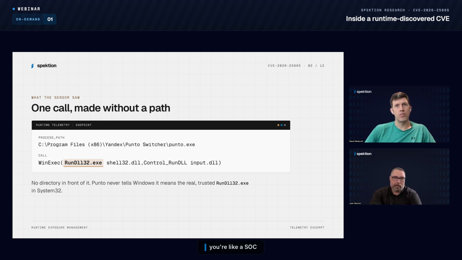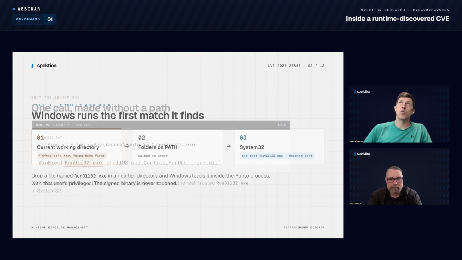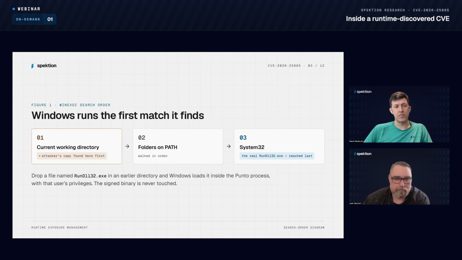So, lay this out for everyone who's watching. Say you're like a SOC analyst, obviously sharp, but you've never had to think about this one. So, why is a missing directory really a big deal? What does Windows actually do with that? Sure. So when you run it and you don't specify where it's supposed to run from, Microsoft will go in search order.